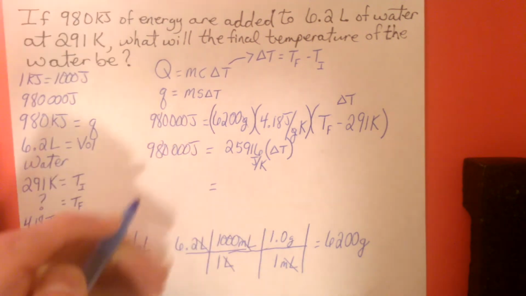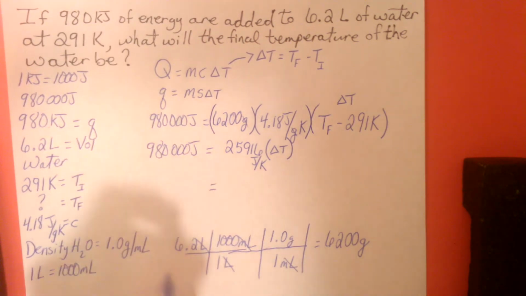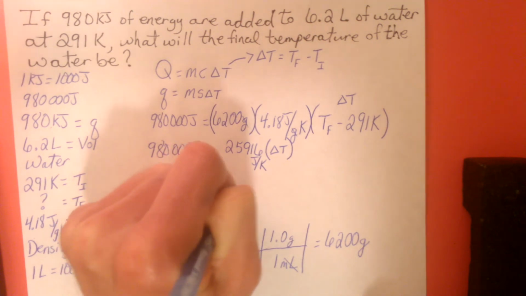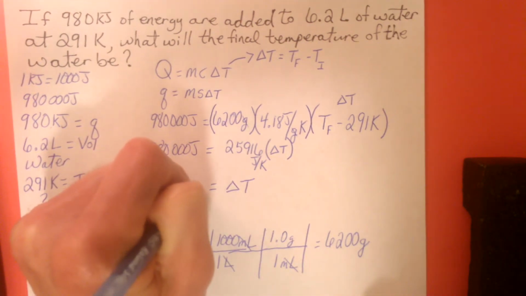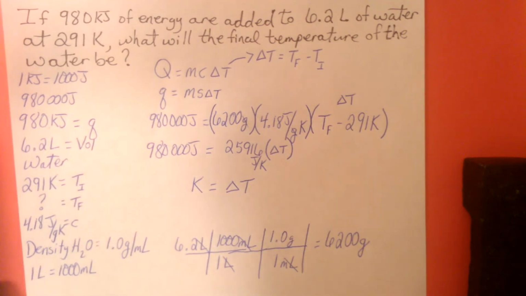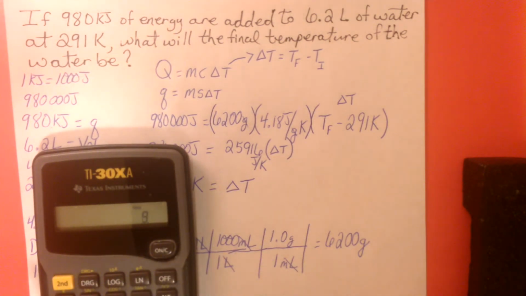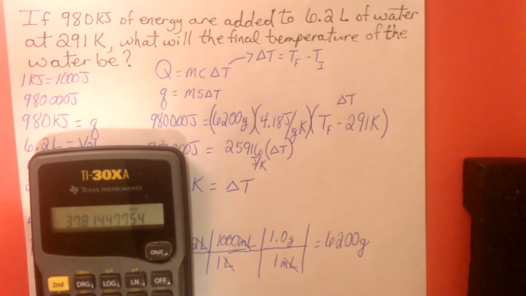Now, let's divide both sides by the 25,916. That will leave us with delta T, a change in temperature, in degrees Kelvin. So we have 980,000 divided by 25,916, and we get 37.8.